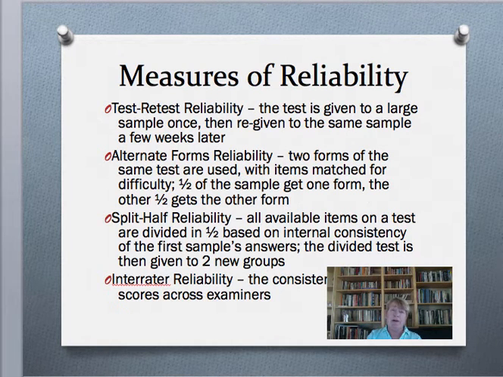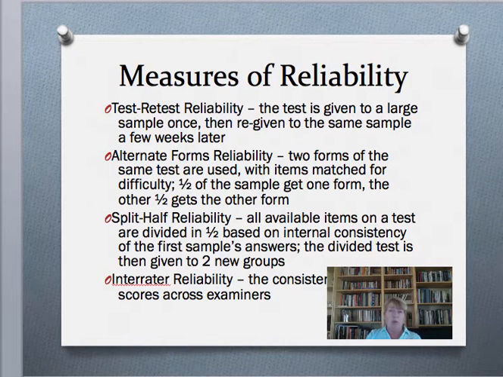And when we think about correlations, that's pretty simple to understand. So we take a test and we give it to a sample group of students. Remember, test makers develop their tests using a sample group of students. So we take the test, we give it to a large sample, hopefully across different ages and grades and so forth, and we get the scores of those individuals on that test, time one.